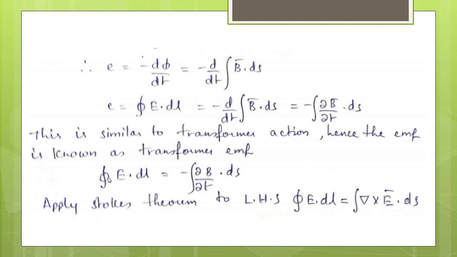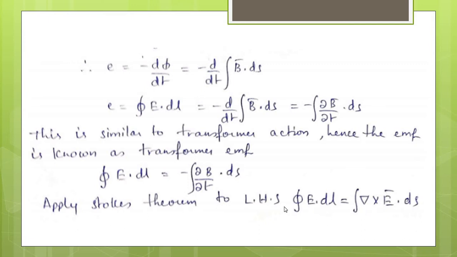Now on the left hand side, we have a closed line integral. A closed line integral can be replaced by a surface integral according to the Stokes theorem. So in place of this closed line integral of E dot dl, we apply the Stokes theorem and convert it into a surface integral.